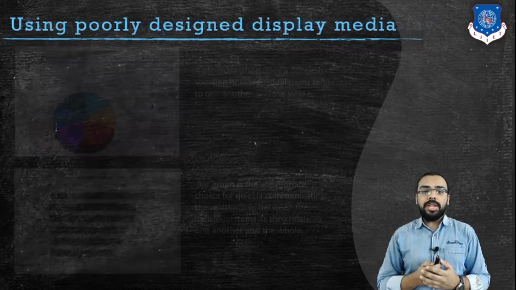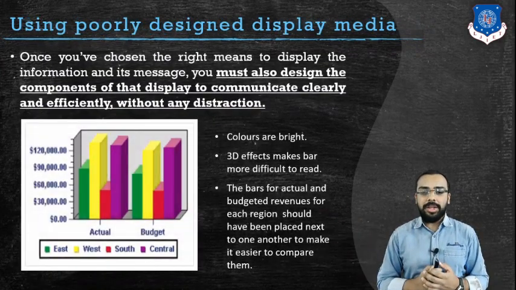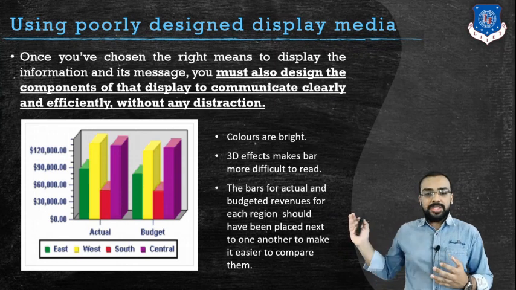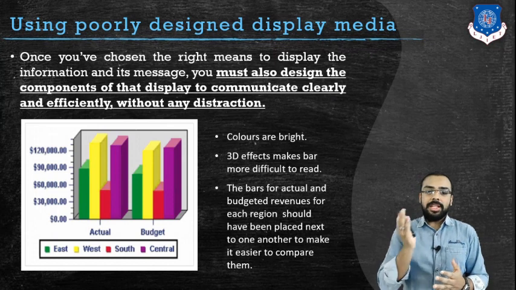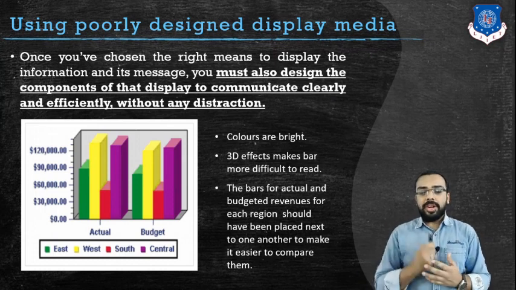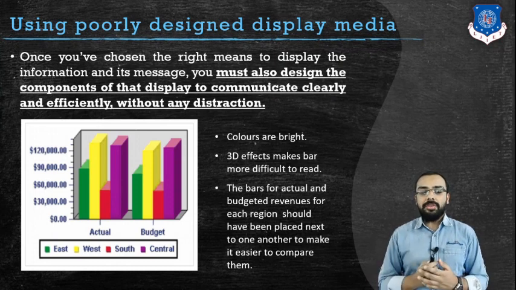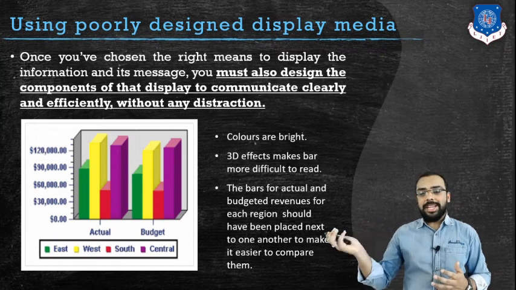The next issue that we are going to see is using poorly designed display media. As you can see in the graph, I want to represent the actual revenue and the budgeted revenue in 4 different regions, that is East, South, West and Central.